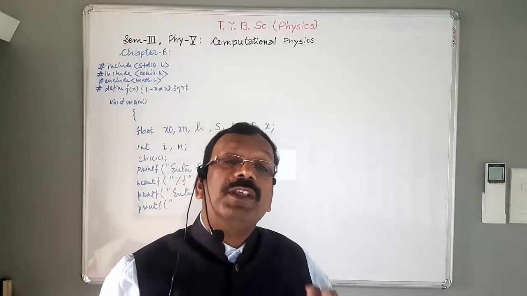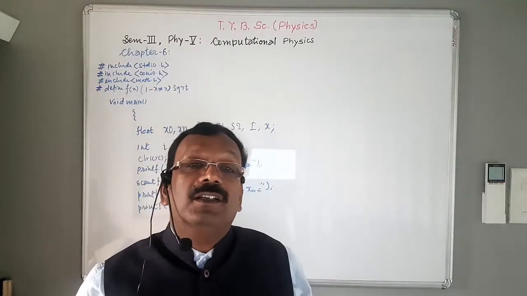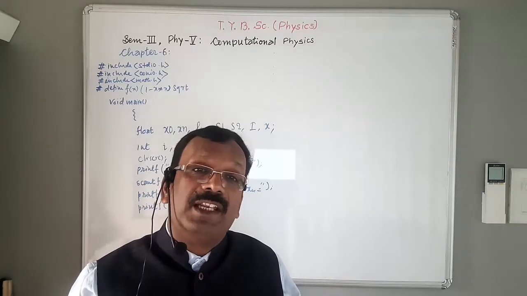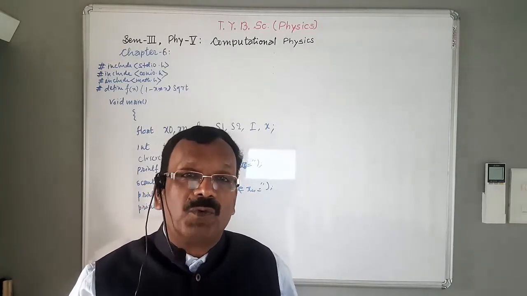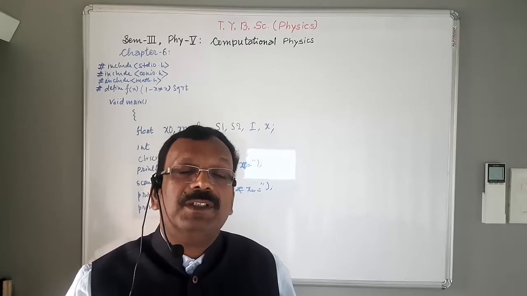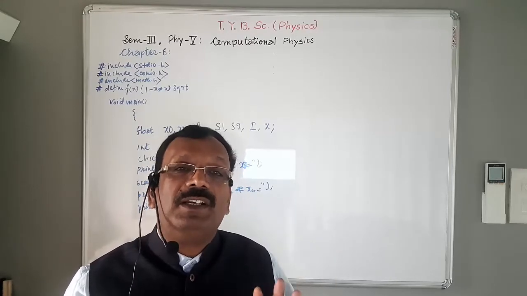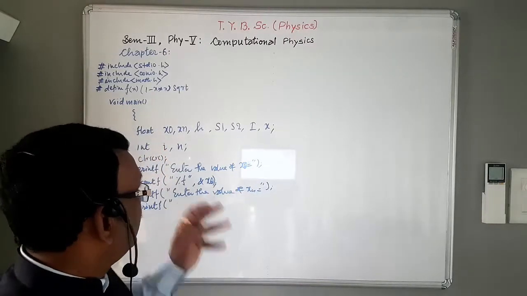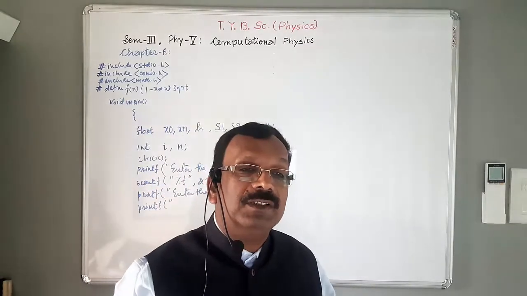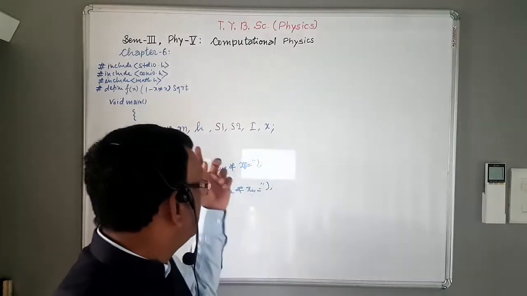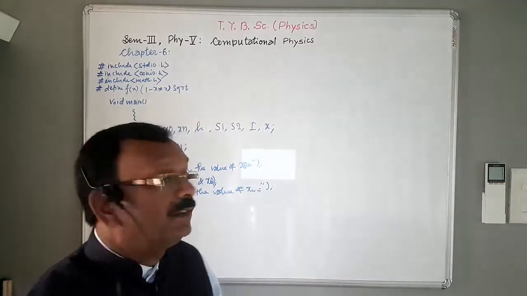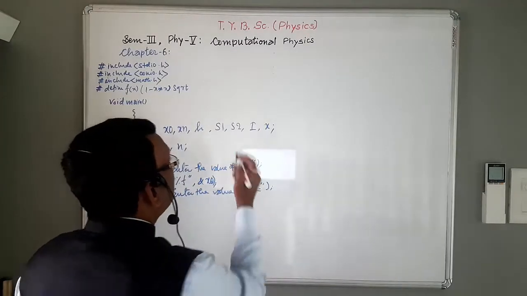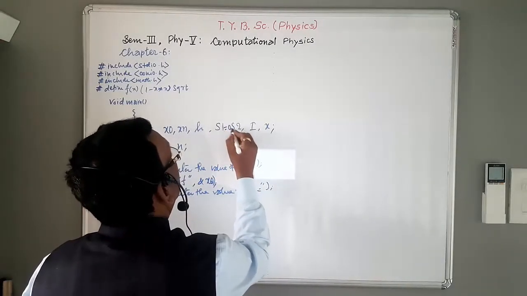In the body of the void main function, first of all we declare all the variables which we are going to use in our program, and all of them are floating type, that is, real numbers. So float x0, xn, which are the lower and upper limit of the integration, then h, then s1 and s2, and these variables should be initialized at the beginning.